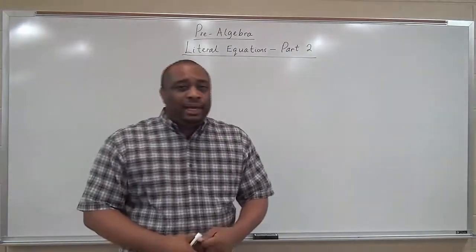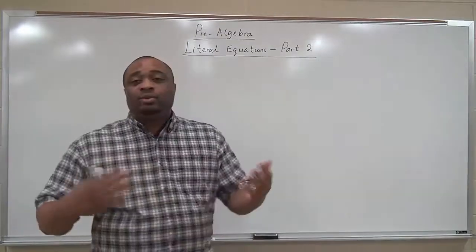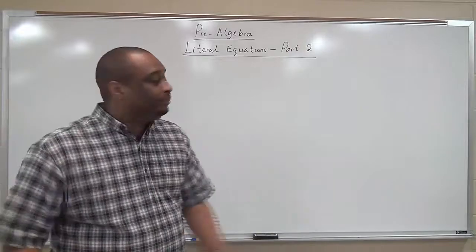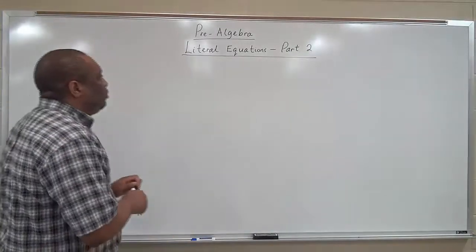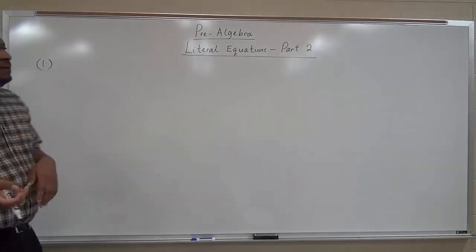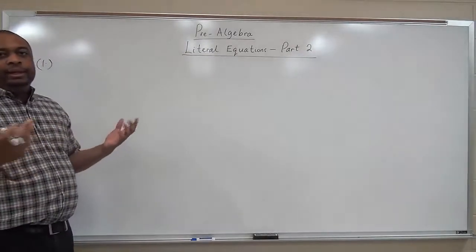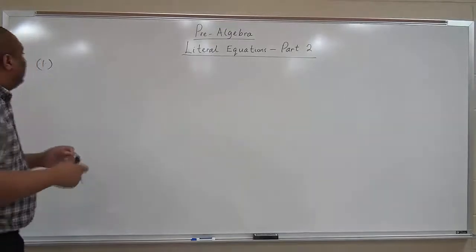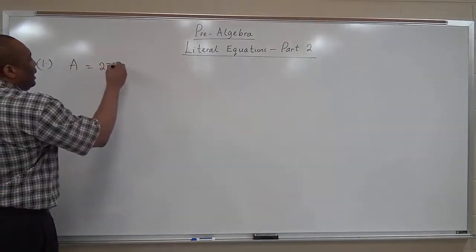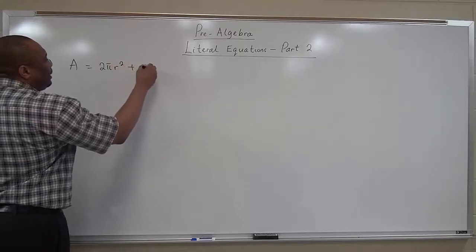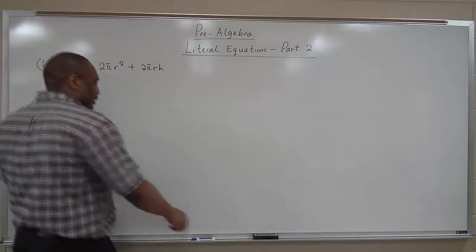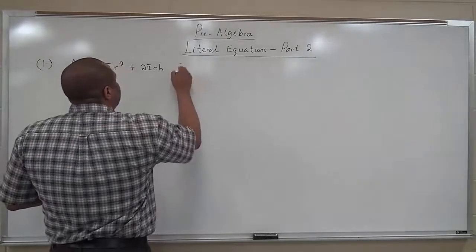We have our questions here, and we shall solve these questions one at a time. Let's get started. The first one, let's look at the surface area of a cylinder. A is equal to 2 pi r squared plus 2 pi r h, and you want to solve for h.